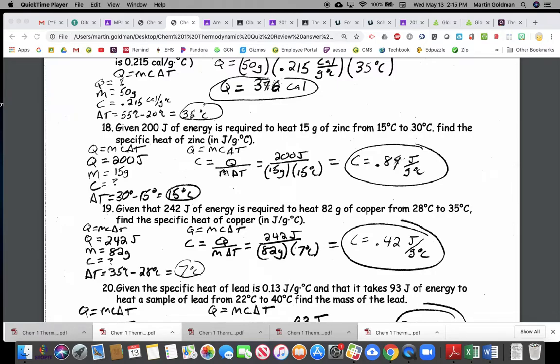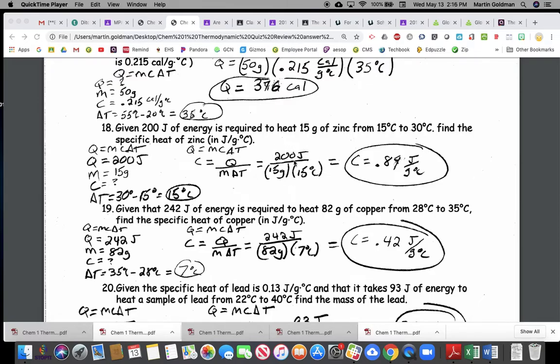So we have c equals Q divided by m delta T. So now we plug and play. Q is 200 joules, because we had that right over there. m is 15 grams, we had it right there. And delta T is 15 degrees C, we had it right there. Isn't it so much easier to do this instead of digging it from the equation? I thought so.